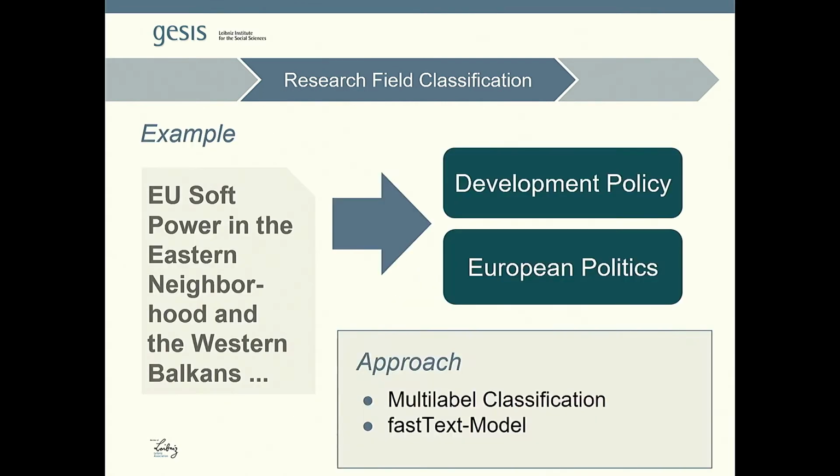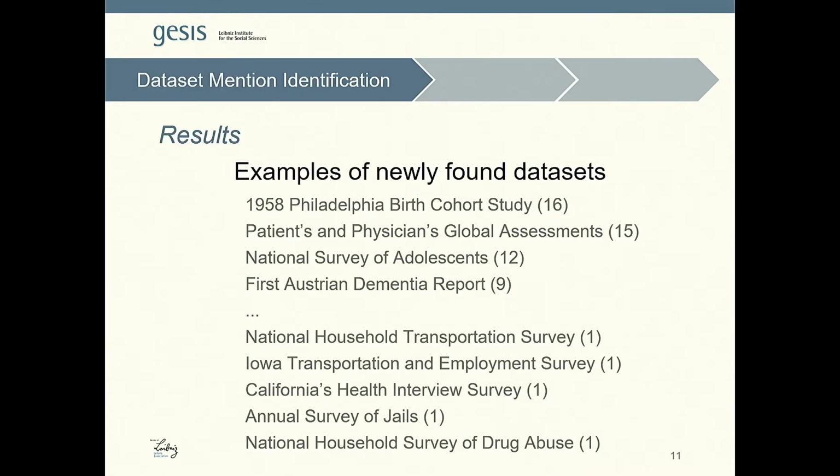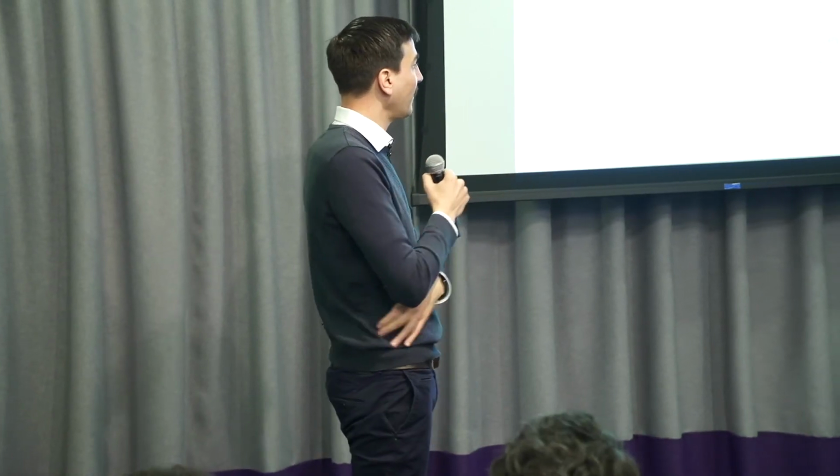I think that's classification. The second reason for these bad values, as you see here, this is research method identification. These examples are not labeled in the training data, but found.